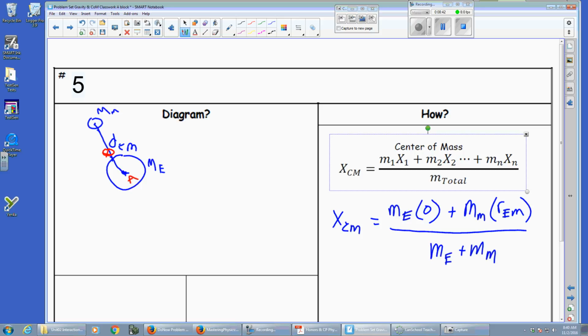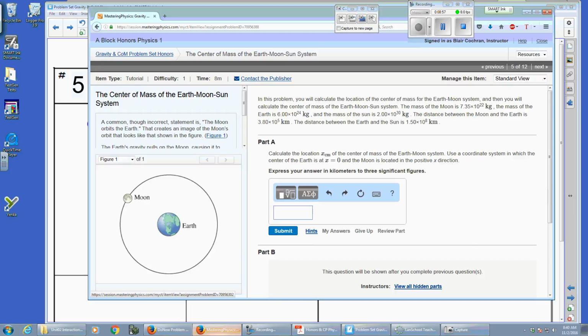Nicely, let's see which values are available on our equation sheet. That one, that one, that one, that one, and that one. And the only thing I would caution you to be careful of, they're looking for an answer in kilometers.